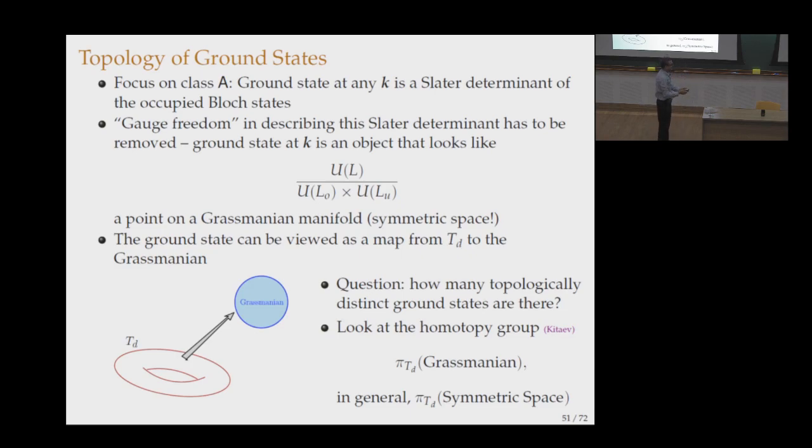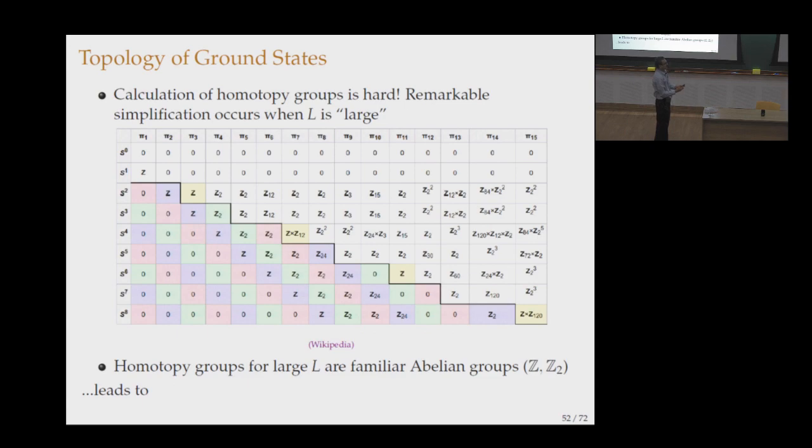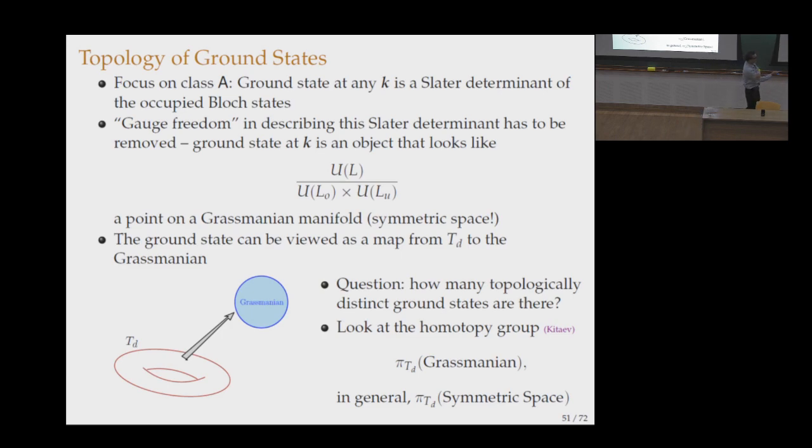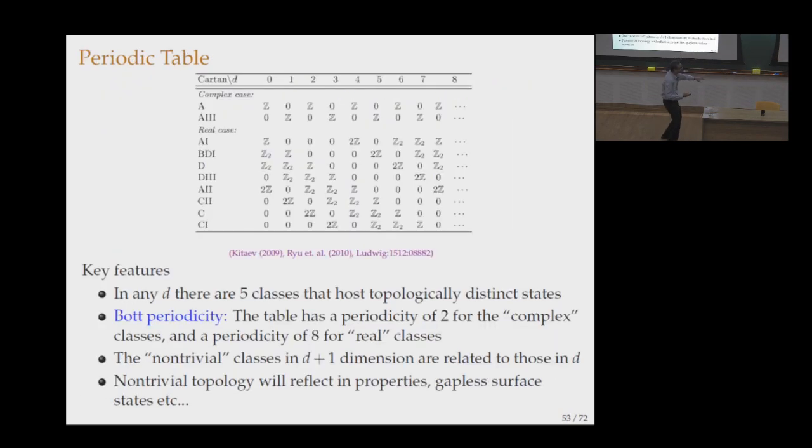See, magical simplifications take place, and that has been worked out. And the beautiful thing that Kitaev did was he actually showed that the homotopies from tori, d-dimensional tori, can be written as some direct sums of some groups of spheres. And then he was able to use known results and then get the classification. And that simplified thing.